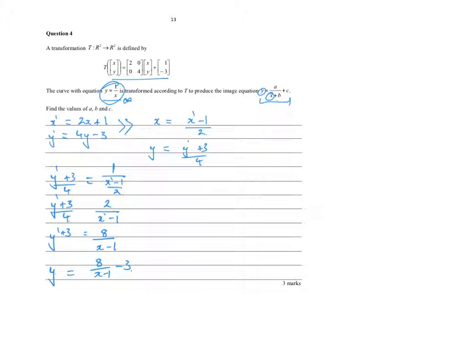Now, we need to actually physically say what A, B, and C are. So matching those off, we can see that A is equal to 8. B, that's plus B, so B is equal to negative 1. C is equal to negative 3. Doesn't hurt to put a box around your final answer so that highlights it to the examiners.